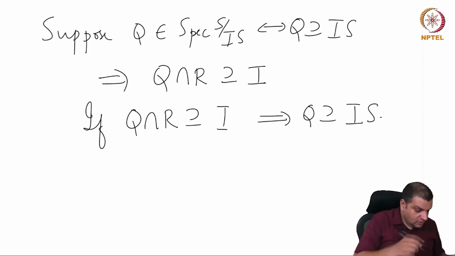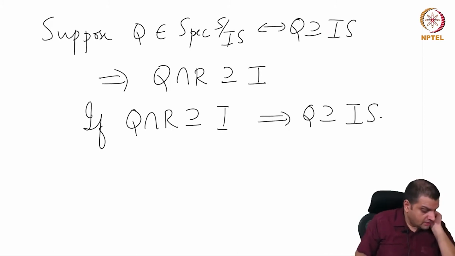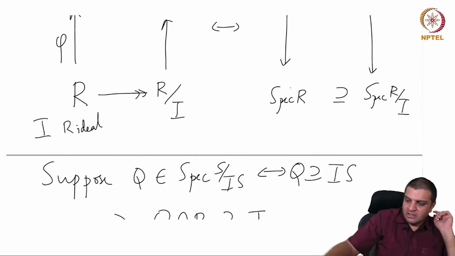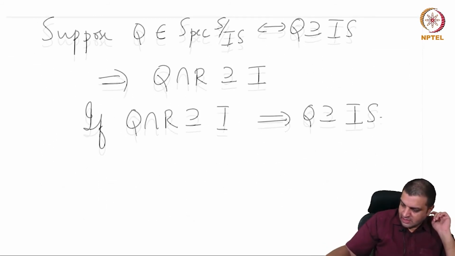Okay. So now we would like to understand what is called the fiber over a point in spec R. We don't need to worry. So this explanation with I itself was just to justify that this diagram with 4 arrows is correct.